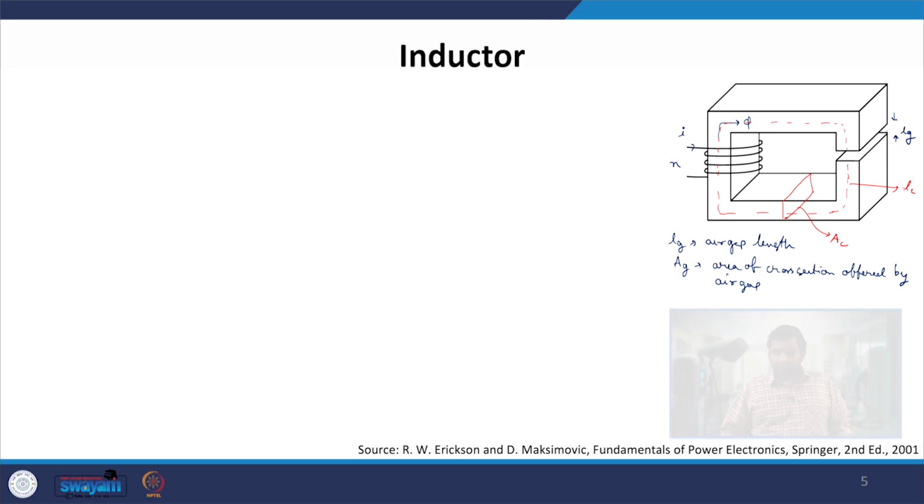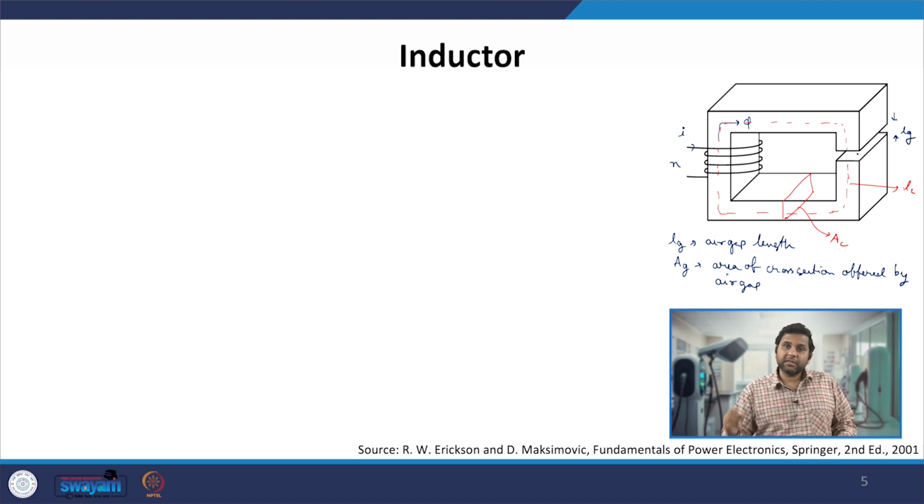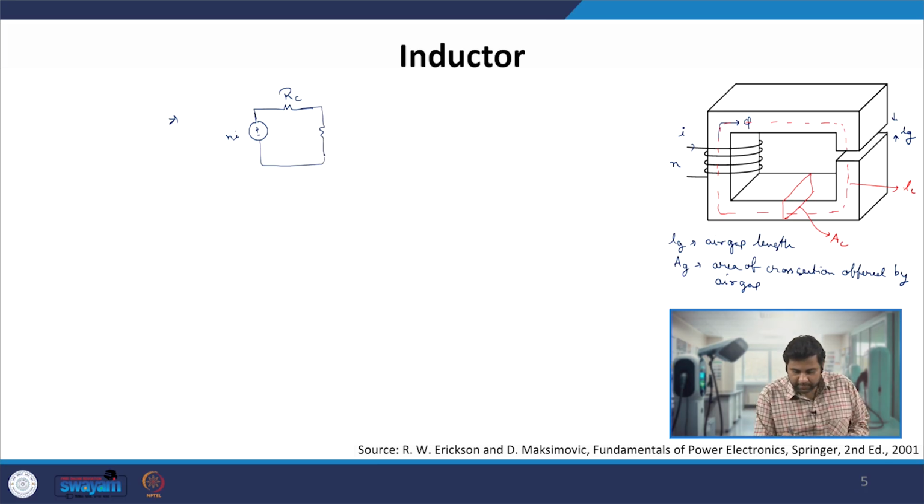In this case, we can define the reluctance offered by the core, and as we have now inserted the air gap, there is another reluctance introduced because of this insertion. So, we can define this magnetic circuit model to be Ni, with one reluctance offered by the core and then the reluctance offered by the air gap, and those two are connected in series because both see the same flux going through them.